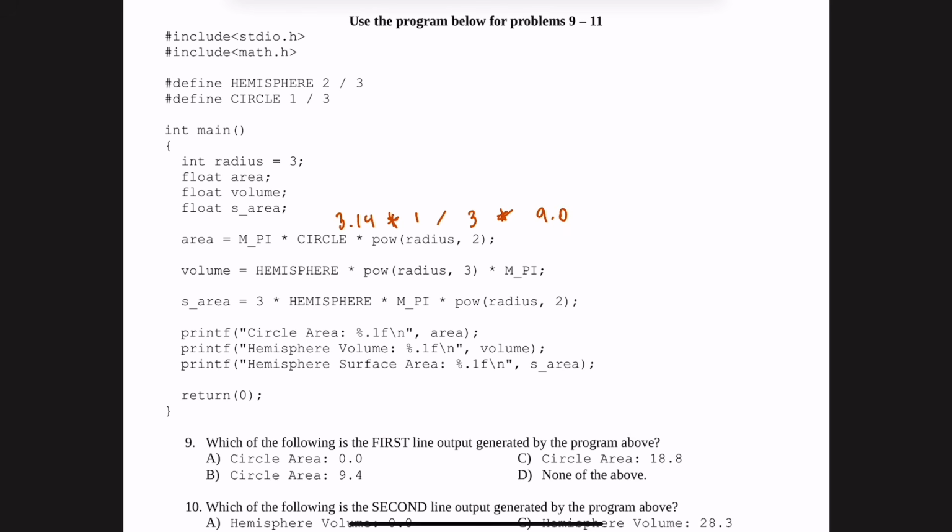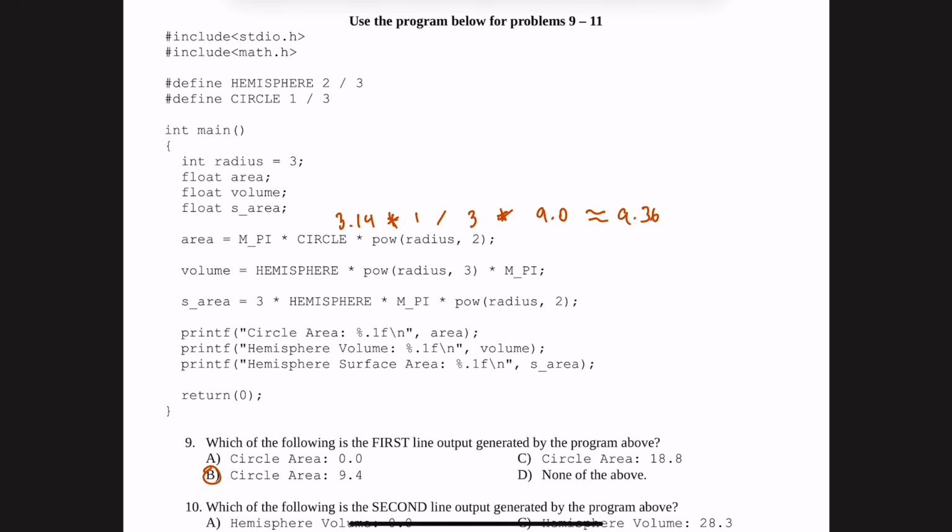So 3.14 times 1 is 3.14. 3.14 divided by 3 is roughly 1.04. 1.04 times 9.0 is roughly 9.36. We're going to only print to one decimal place, so it looks like B is our correct answer. Once again, note that we did not resolve this down to 0 before calculating our full equation.